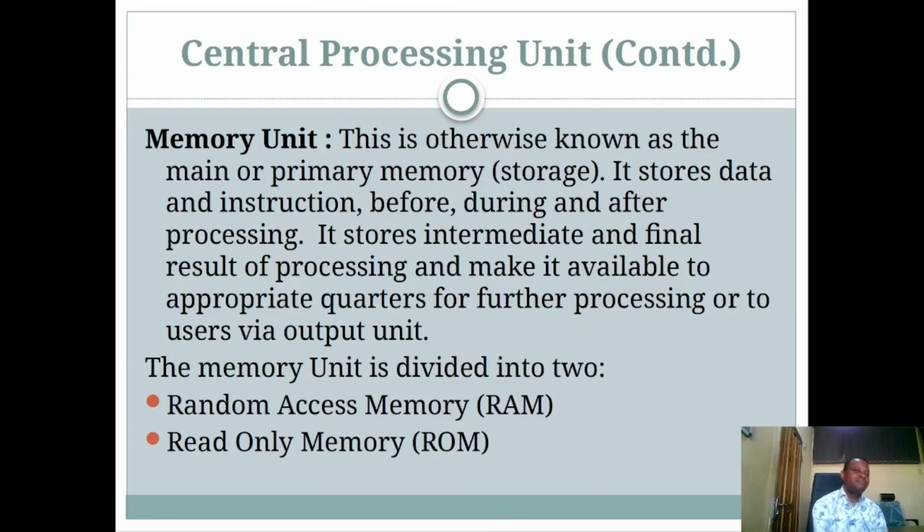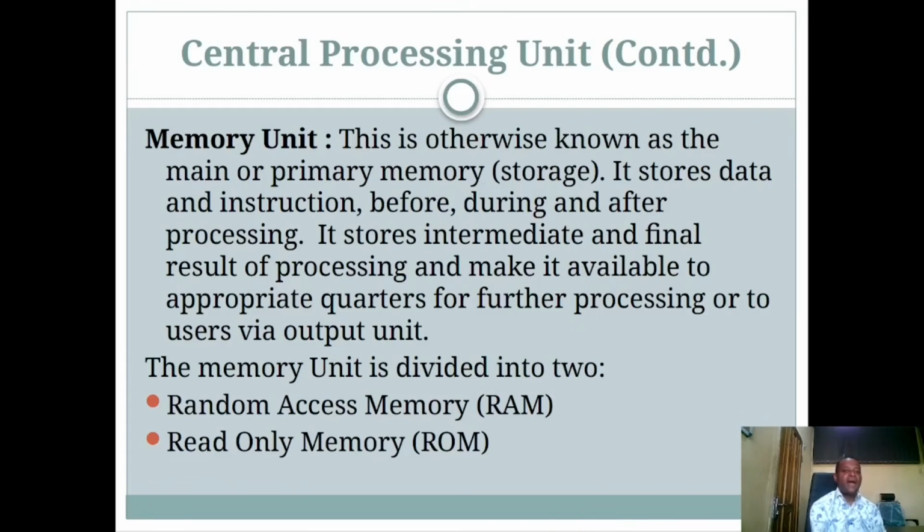The memory unit is just a circuit where the computer system keeps data it is about to process, or data it is handling during processing or after processing, and it is where it also keeps its final result.